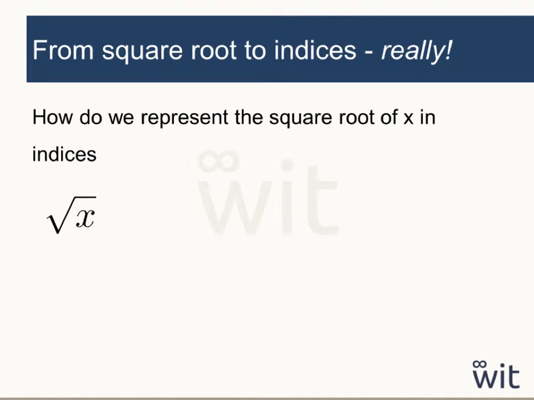So let's assume the root of x is equal to x raised to the power p. And we know that the root of x times the root of x is equal to x, and x is equal to x raised to the power 1.